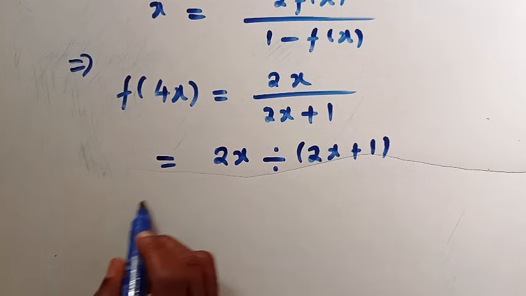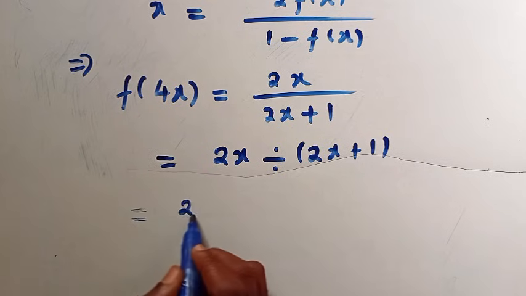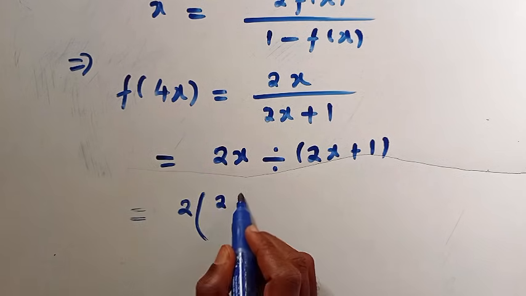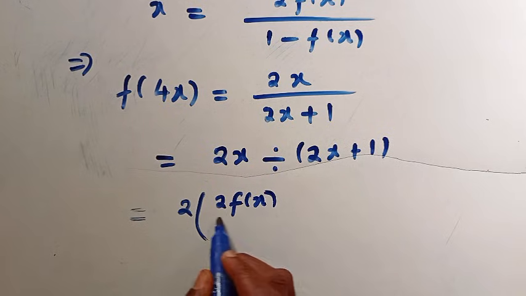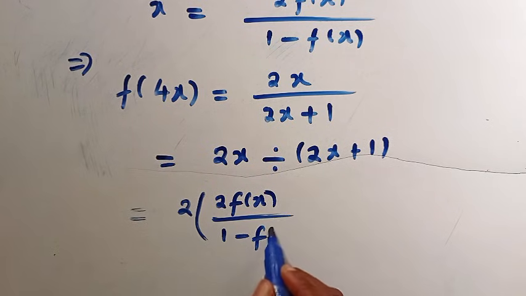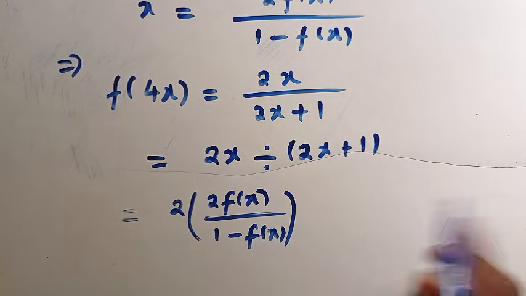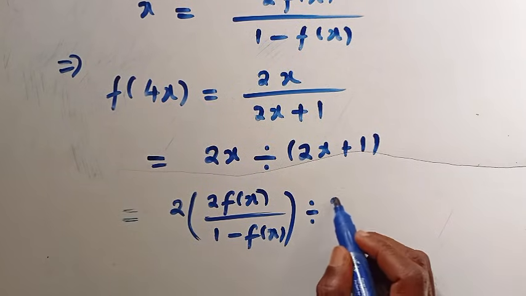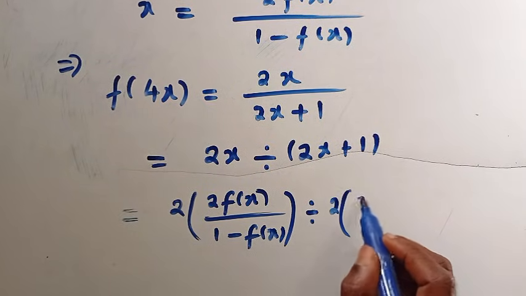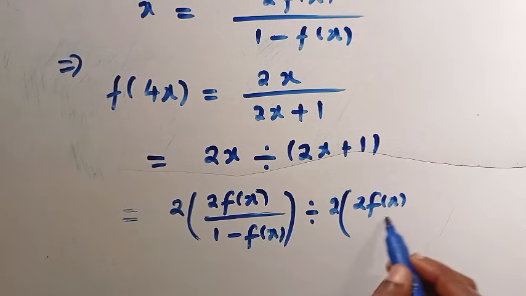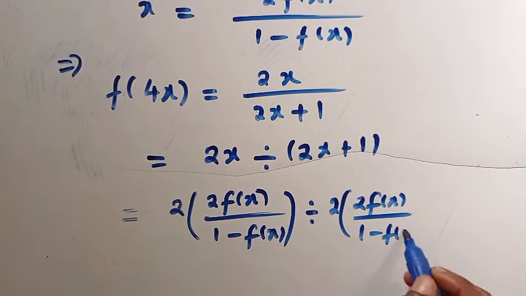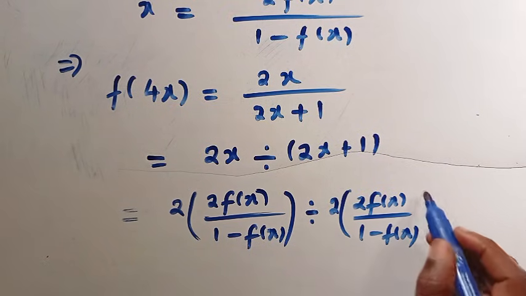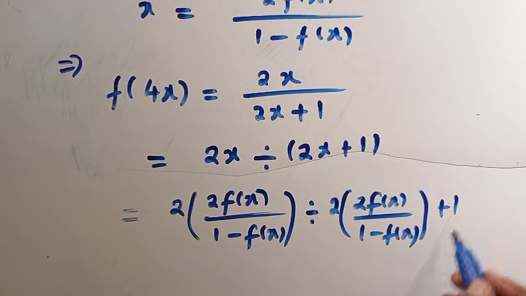By replacing that, we are going to have 2 into bracket of 2f of x divided by 1 minus f of x. Then another division, 2 into bracket of 2f of x divided by 1 minus f of x in bracket, then plus 1.